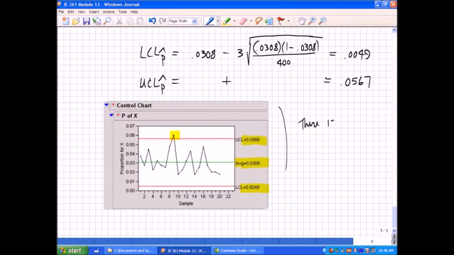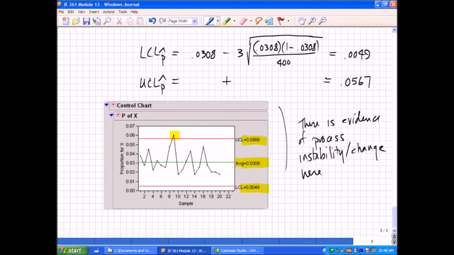There is evidence of process instability or change here. Okay, and that evidence is there because of that point outside of control limits.